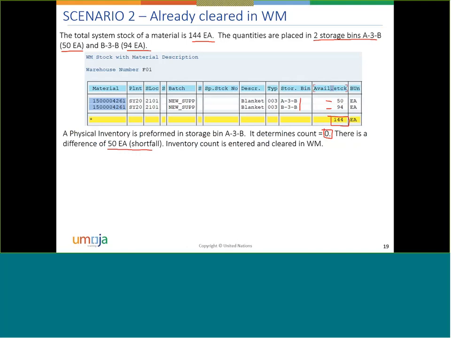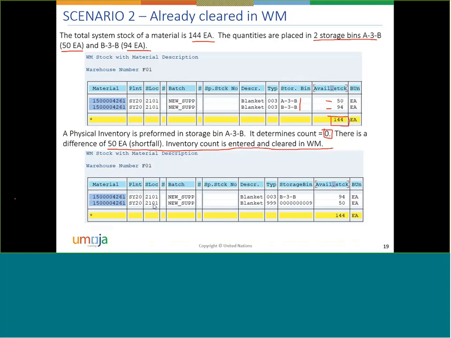Inventory count is entered and cleared in warehouse management. Of course, right? Why bother looking at why 50 pieces of materials are missing? So let's see. If that's what we do, and we clear, automatically what we have here is a difference of 50, okay? Because we're telling the system that this original bin here at the top, instead of 50 product IDs, now is 0.